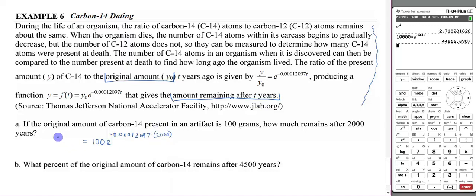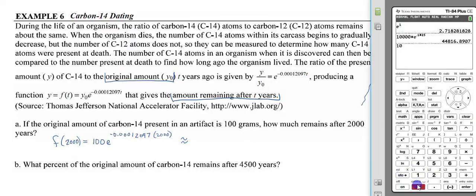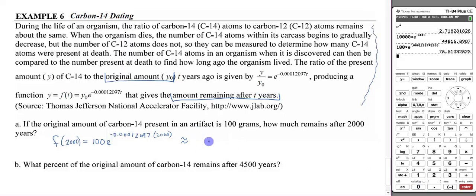So this will calculate the amount after 2,000 years. Let's put this into our calculator. So we have 100 times second, natural log to put in our e, to the negative 0.0001297 times 2,000, and I get about 78.5 grams.